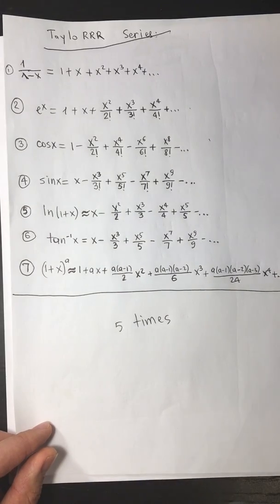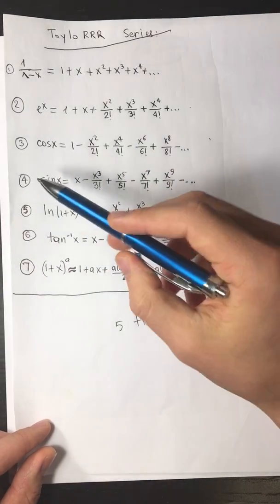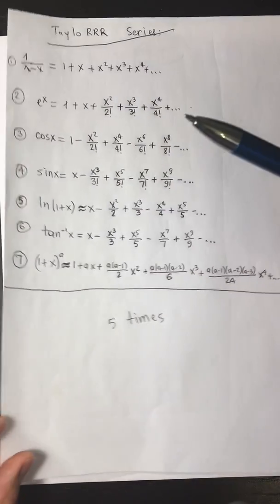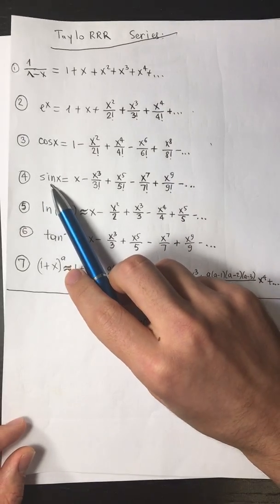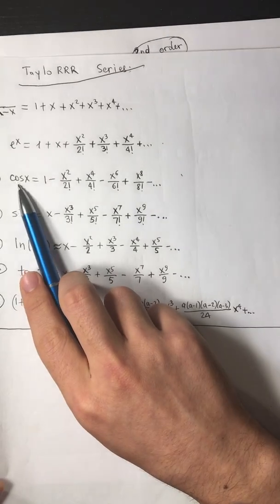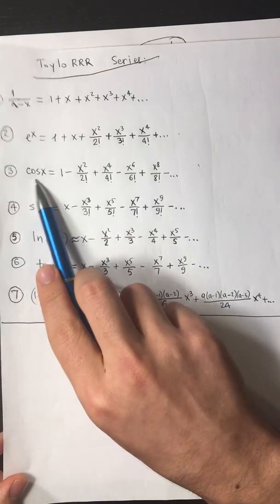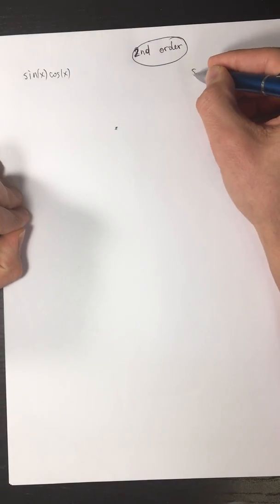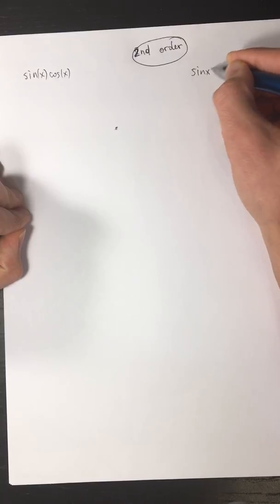Because I'm going to say according to formula number 4, formula number 7. According to formula number 4, because here I have sine x, and next according to formula number 3, because we have cosine x here.